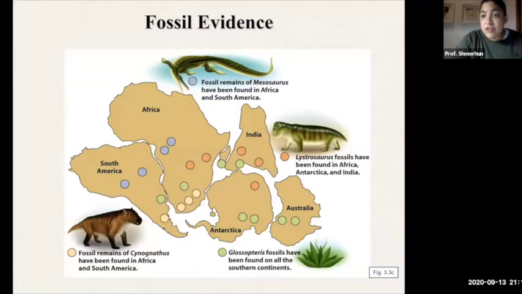If the continents were in their fixed position, these organisms would have to swim across oceans in order to mate and breed and reproduce. So this idea is that during the supercontinent Pangaea, these organisms could freely move from one continent to another. And when the continents broke up, those remains are now scattered across latitudes on these various continents today.